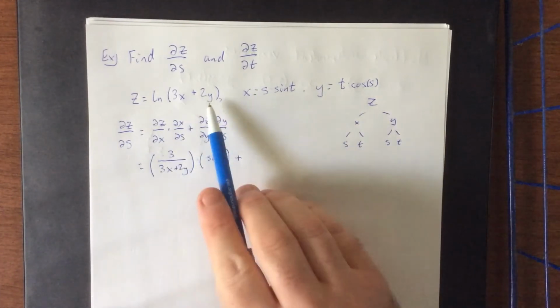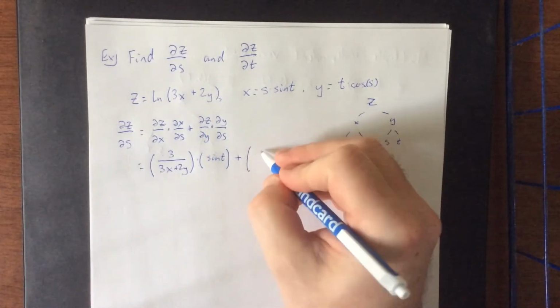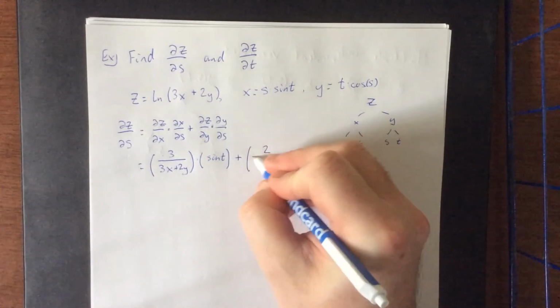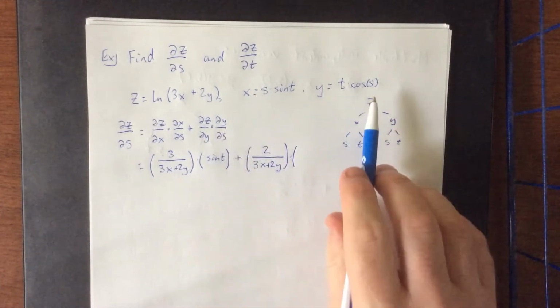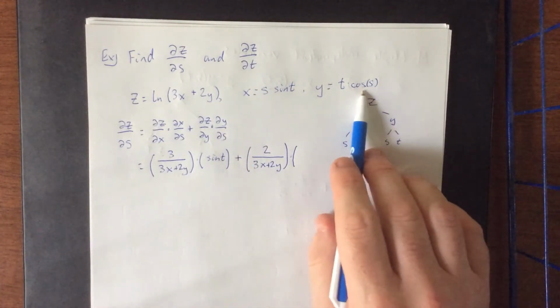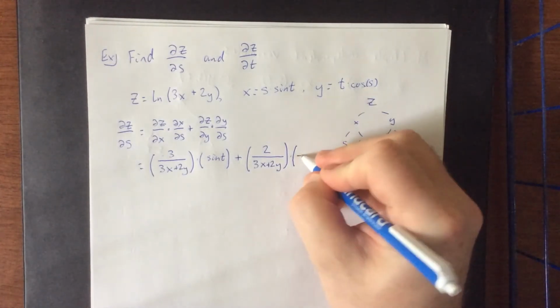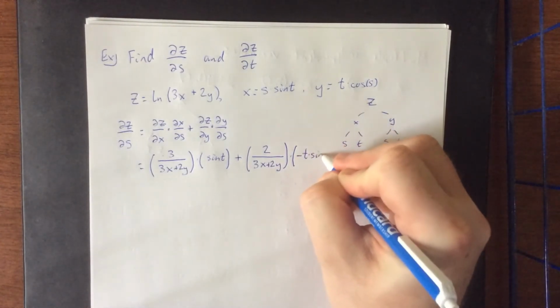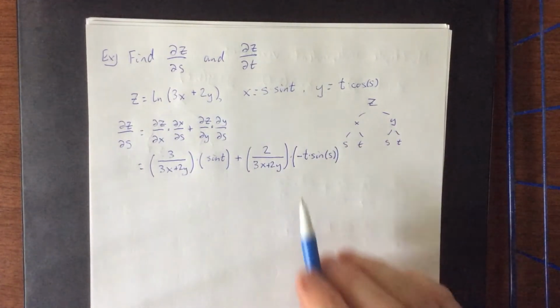Similar to what we saw for x, we are going to see an extra factor of 2 pop up from the chain rule, so this derivative will be 2 over 3x plus 2y, times the partial derivative of y with respect to s. Now we're going to treat this as a constant times the cosine of s. That derivative will be the negative sine of s. The constant multiple we simply ignore.